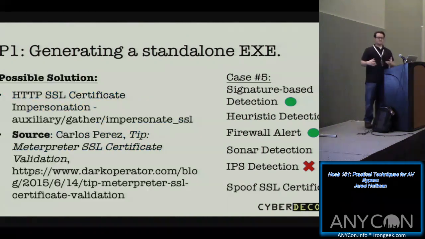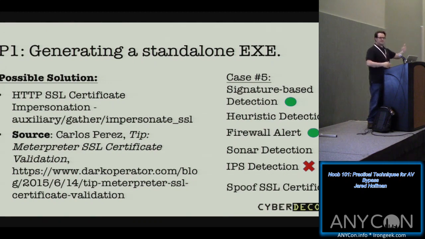I did some digging and came across this post by Carlos Perez on Meterpreter SSL certificate validation. What that IPS signature was alerting on was my handler certificate coming out of the framework, the default SSL cert that Metasploit uses. It saw that coming across the wire.